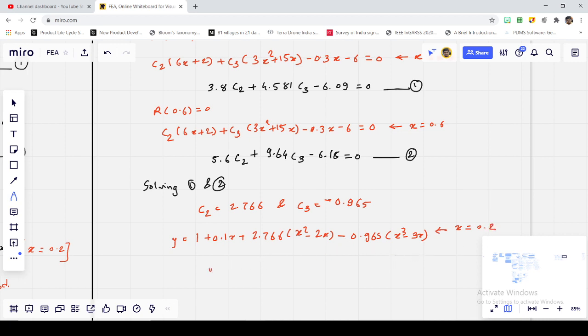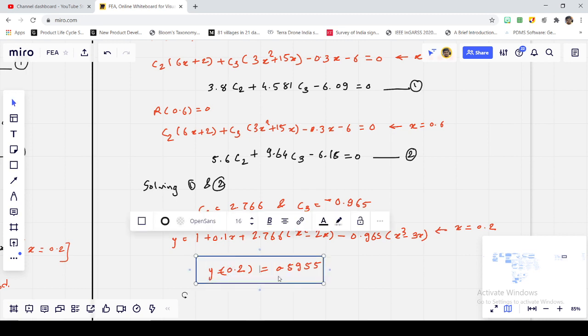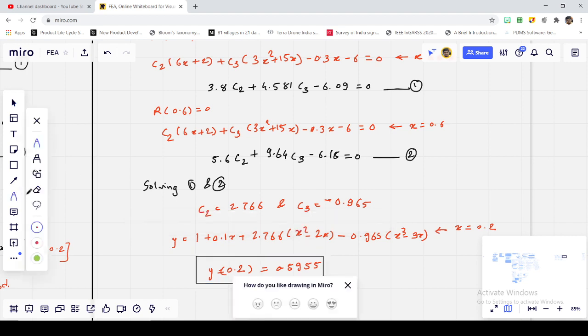The final value of y which you get at 0.2 is equal to 0.5955. So this is how we solve a differential equation using the point collocation method.